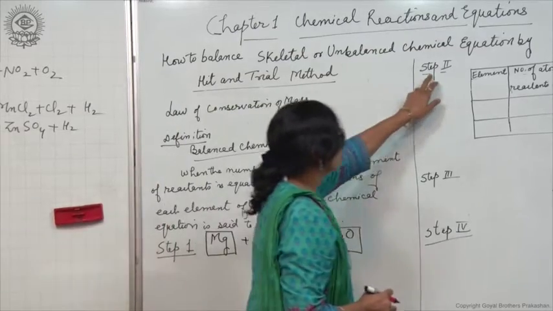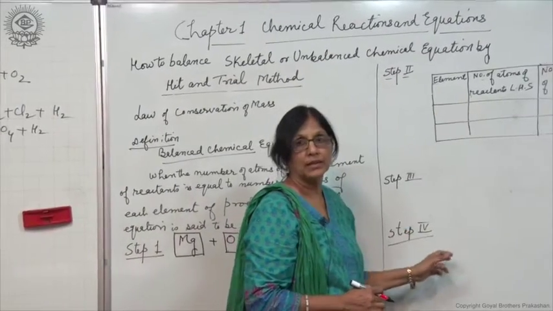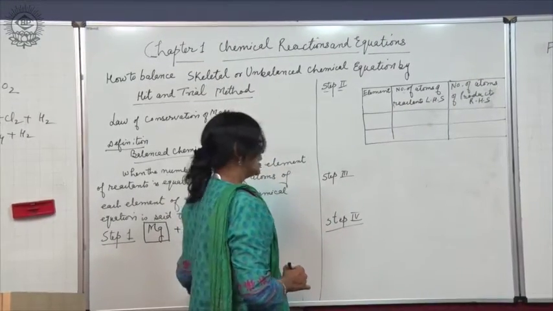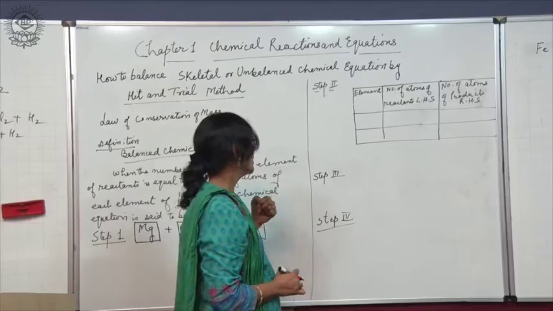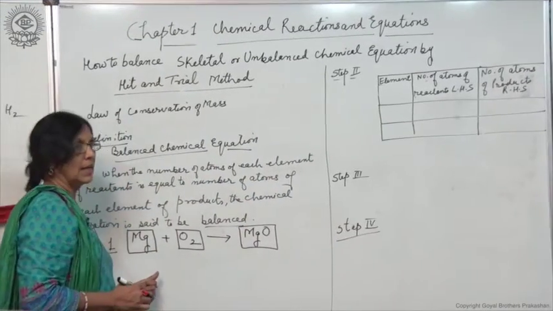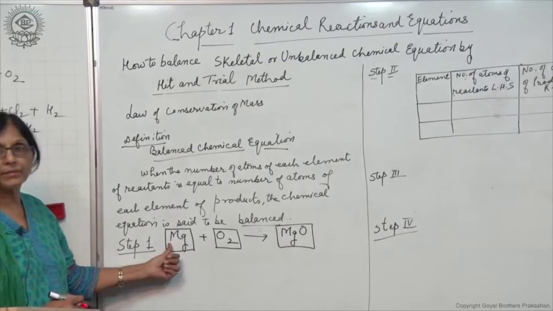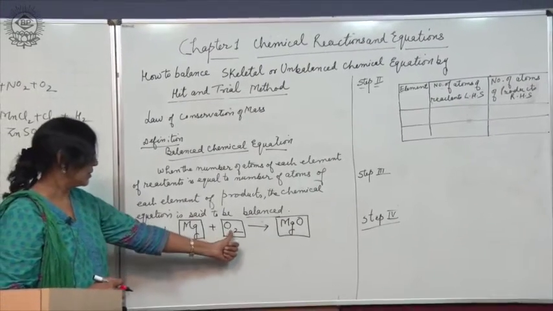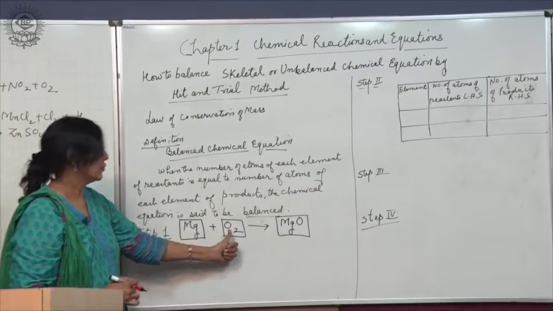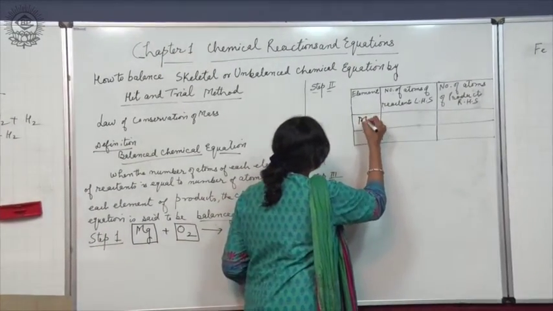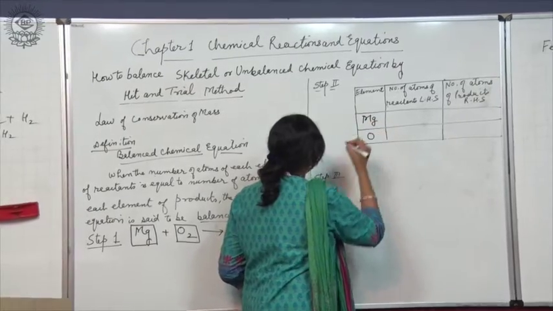Second step is to make the table of the elements which are present in the reactant side and the product side. Now let us see what are the elements. Magnesium is one element, and what is the second element? Oxygen. So there are two elements, magnesium and oxygen.